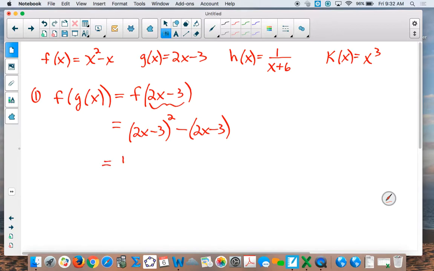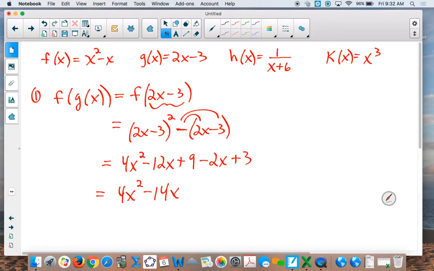So we would get 4x squared minus 12x plus 9. Now distribute this negative: minus 2x plus 3. Again, also always be careful when you're subtracting a quantity. Now just combine like terms: 4x squared minus 14x plus 12.